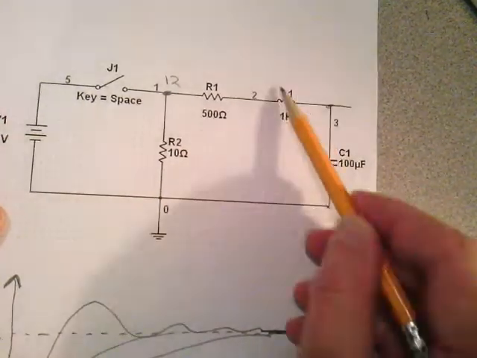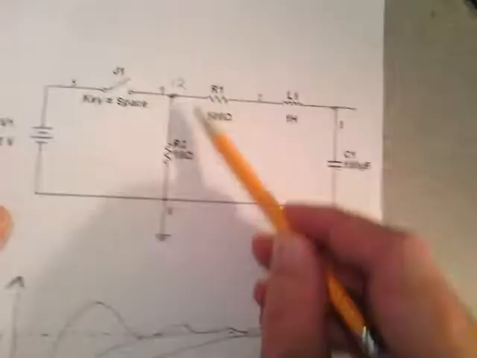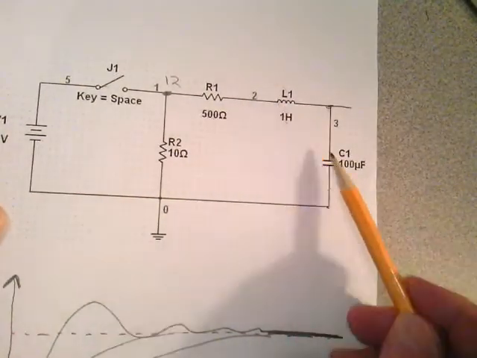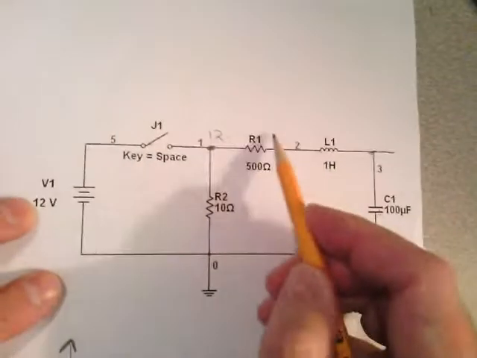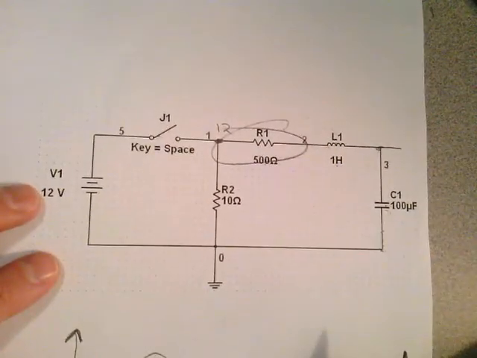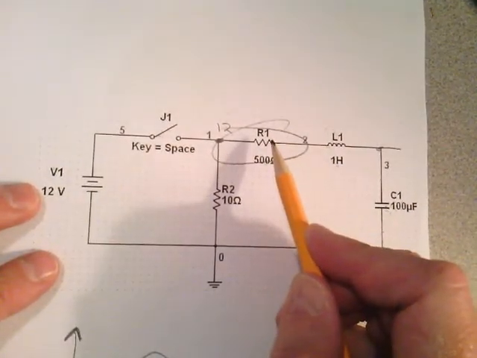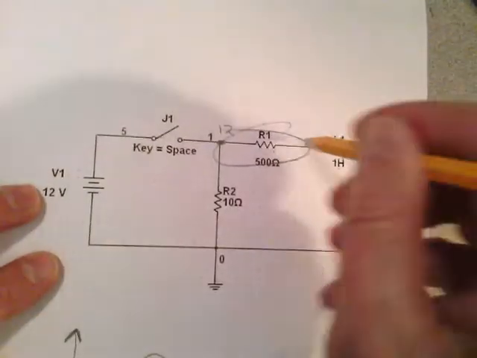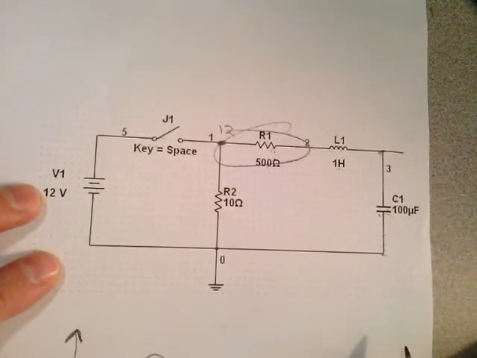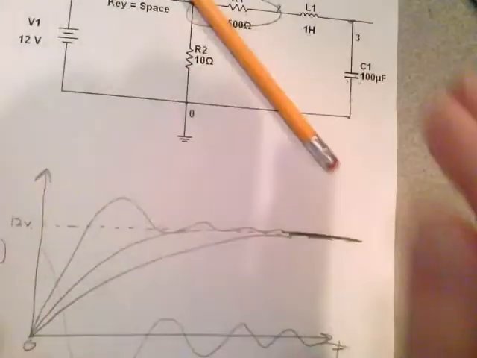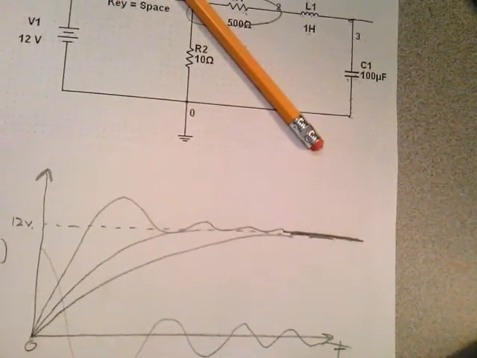They get passed back and forth between the inductor and the capacitor, and you lose energy each time because the resistor is eating that energy up as it's being passed from here to here in the circuit. You have to think about that, but that's the overall idea.